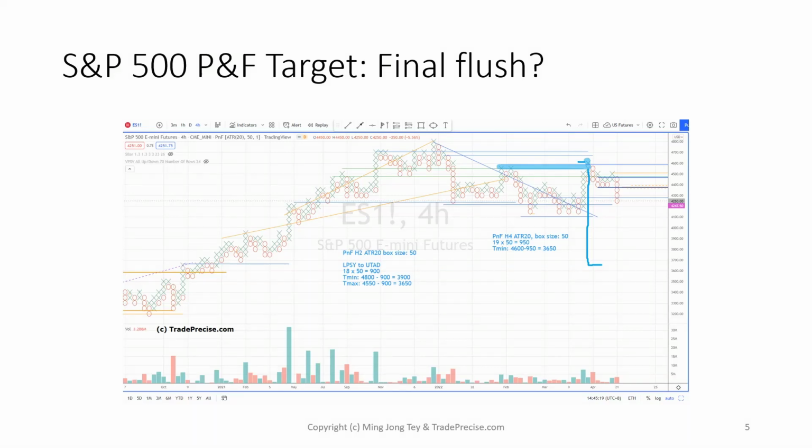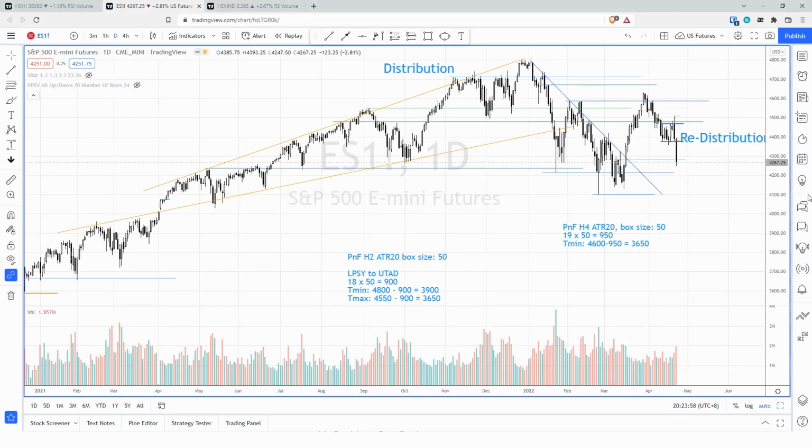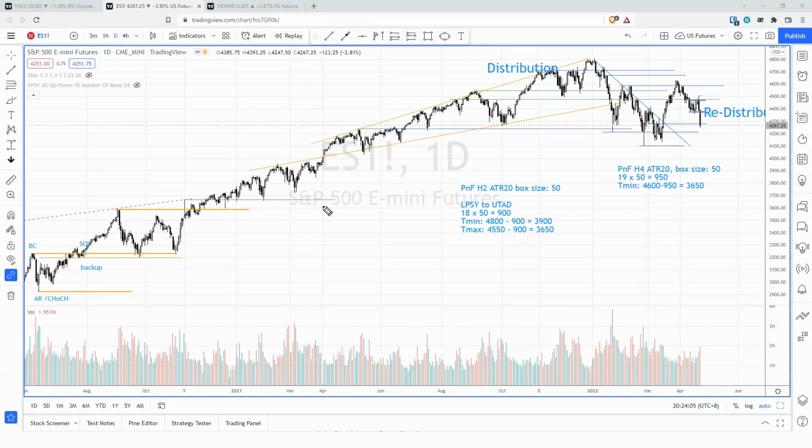So that is really the worst case that I prepared for the redistribution structure. You can definitely see there's 3650 somewhere around here, and we got a reaccumulation structure breaking out here, backing up, somewhere around here. So that probably makes some sense. There's a previous support area, and when it comes back down, I think that should provide some kind of support.